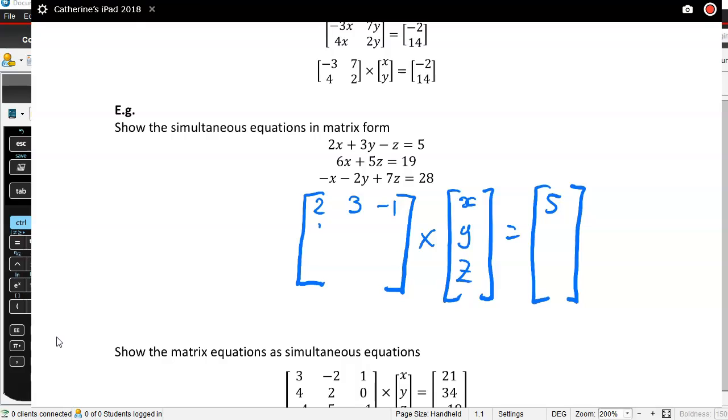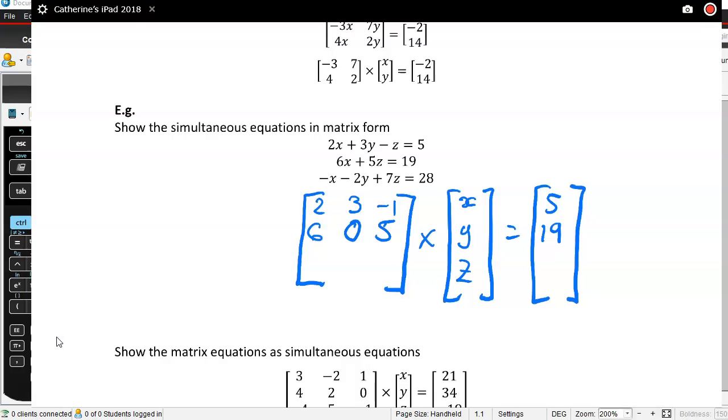Then I've got 6. Now, this is what a lot of students do. They don't know what to do here when y is not there. Well, how many y's are there? None. So you write 0. And that's 5, and that's 19. So 6 times x plus 0 times y plus 5 times z gives you 19.